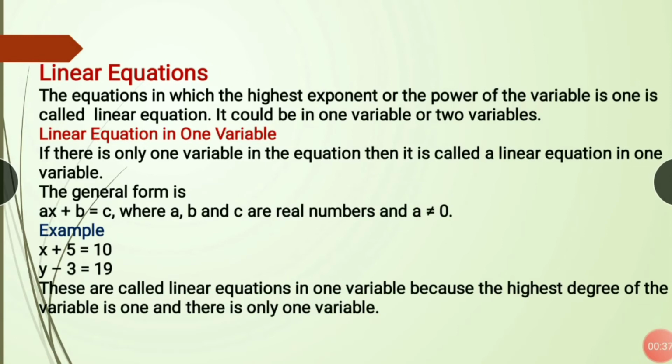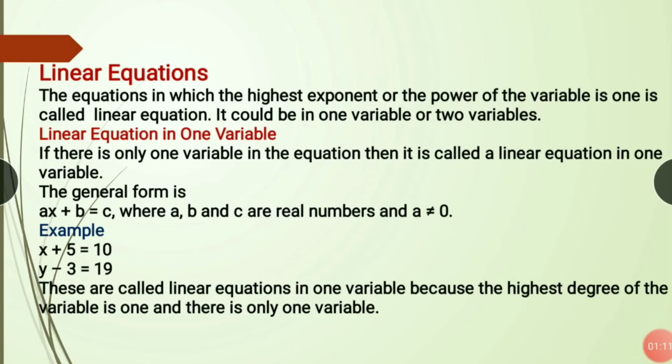For example, 9y minus 8 is equal to 5, or 7x minus 8 is equal to 0. So these are the linear equations in one variable. Clear? Okay.